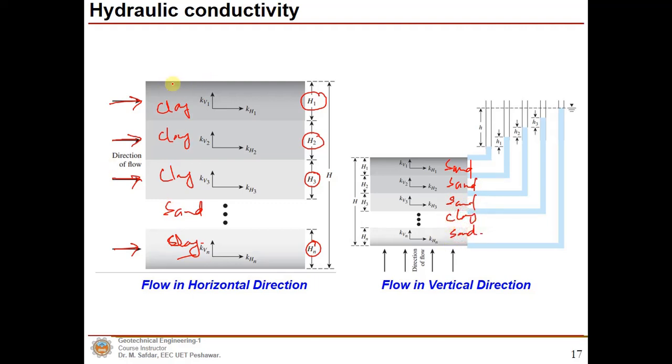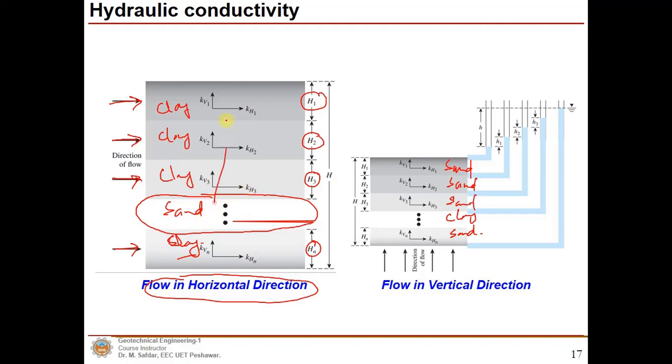When the flow is occurring in the horizontal direction, the soil layer having the greater coefficient of permeability will dominate, so Kh equivalent will depend upon the soil layer having the highest coefficient of permeability.